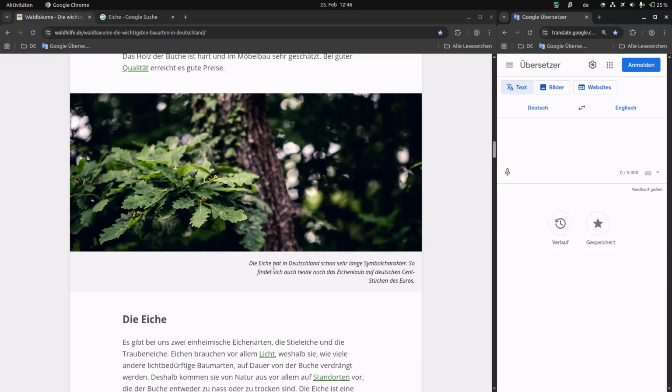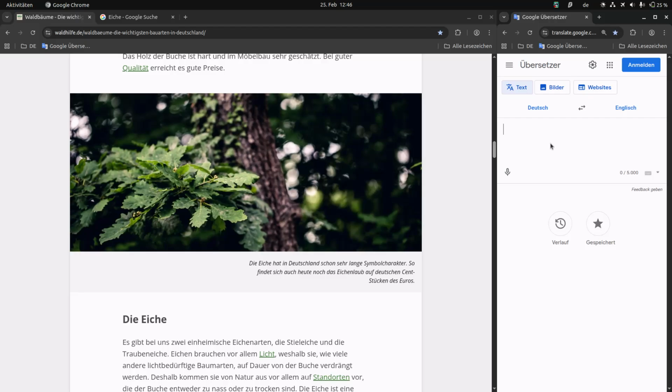So, die Eiche hat in Deutschland schon sehr lange Symbolcharakter, so symbol character you could say, so it is being used as a symbol and has this kind of, you could say aura to it, not necessarily aura, but like this, what's it called, this legendary status, something like that.